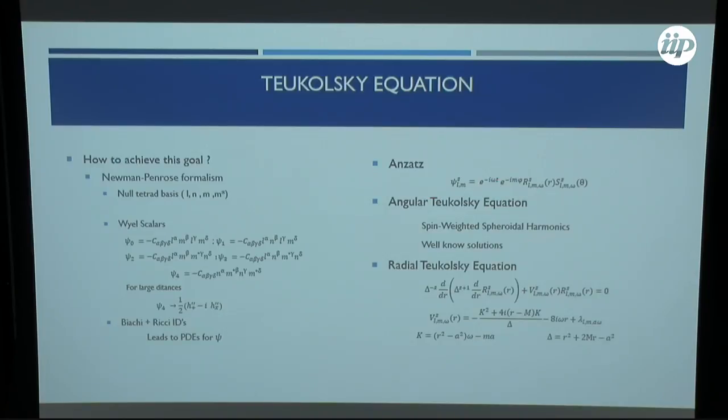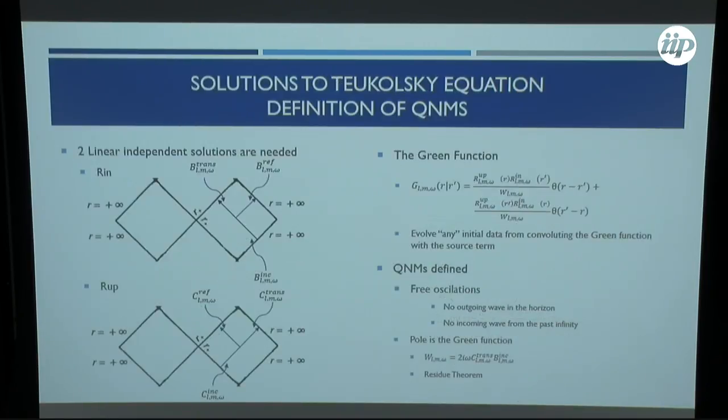And with this ansatz, he gets the angular part given by spin-weighted spheroidal harmonics, and the radial part would be driven by this equation. And the point is how to solve it. And that's where the MST method comes into place. To solve a differential equation, for instance, a second-order linear differential equation, we need two linearly independent solutions, that is R in and R up in our case.